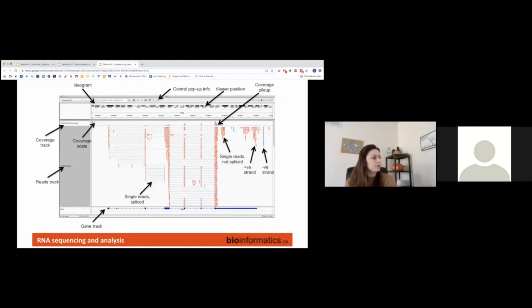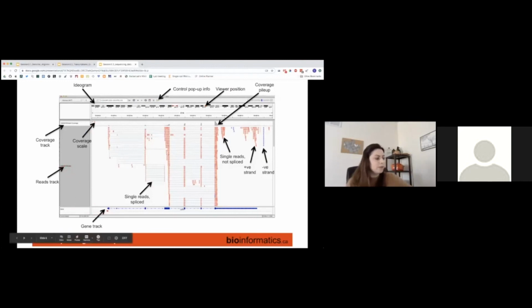On top of the coverage and any other kind of histogram track you load, you're going to see a scale, from 0 to how many reads you observed in that region. And this is where it'll show the name of the read track you're looking at. If you load different samples, they're going to show up here with different names.